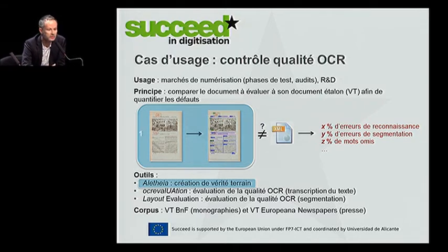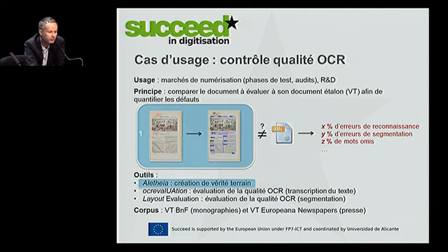The first stage in this process is the creation of this standard ground truth document. We can use IT tools to do this. One of those was provided to us in the project. It's called Alethea, and it was developed and maintained by Salford University.